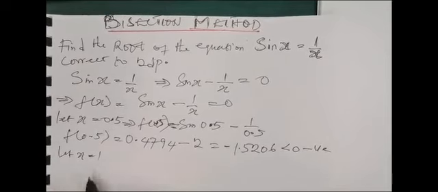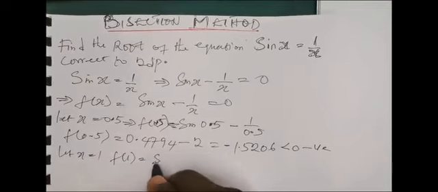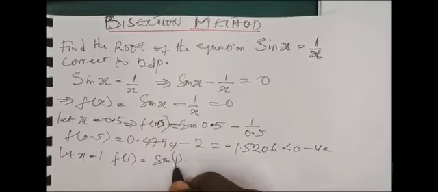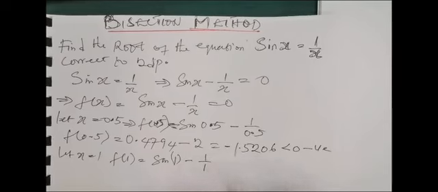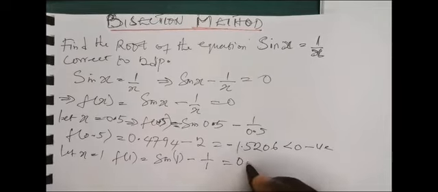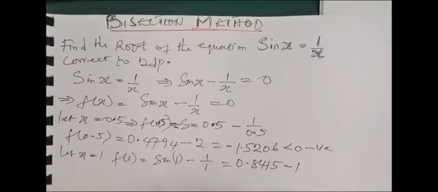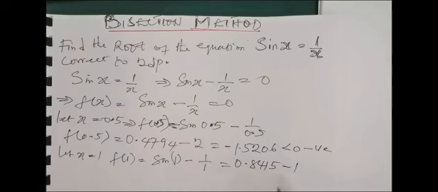Since we've done 0.5, we consider x to be 1. So we find f of 1, that becomes sin 1 minus 1 divided by 1. Sin 1 is simply 0.8415 minus 1. Like I said, don't forget to put your calculator in radian mode.